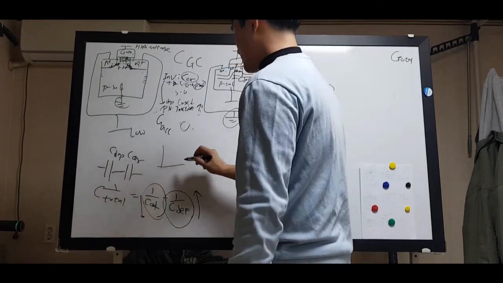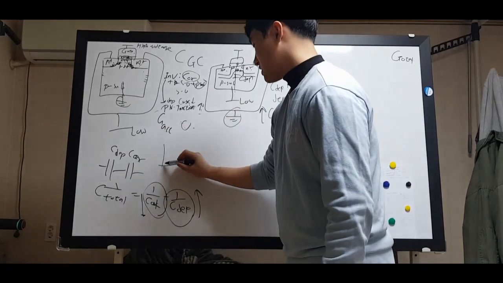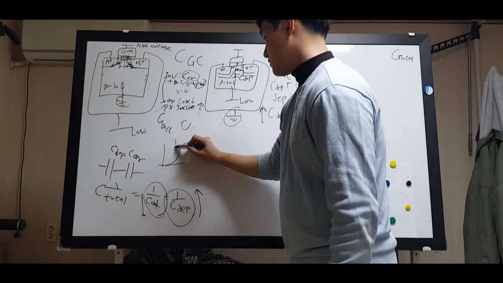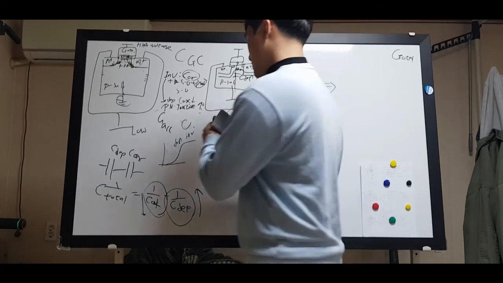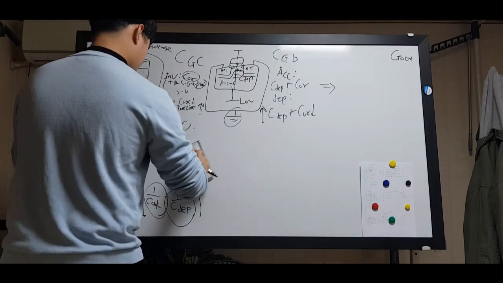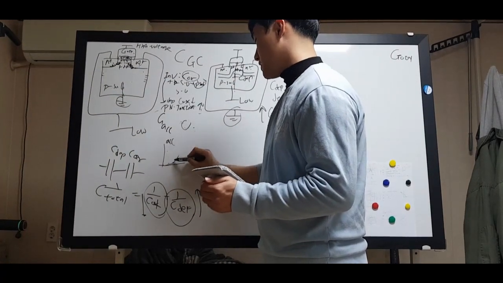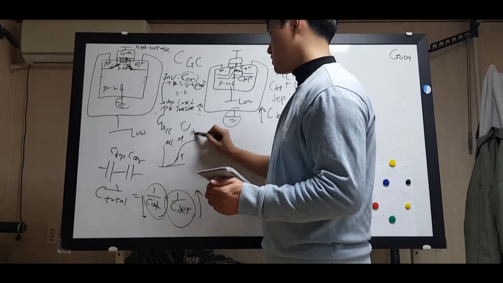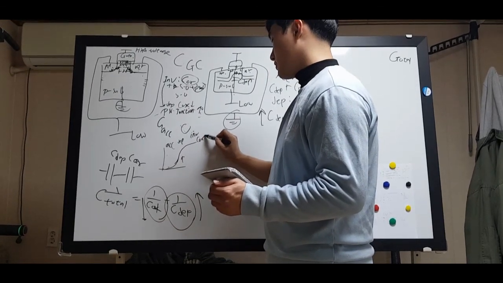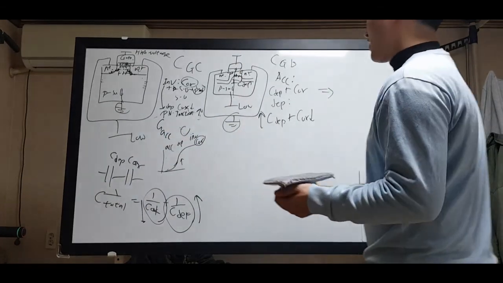Drawing the graph of the gate-to-channel capacitance, it will be like this. In accumulation, it will be nearly zero, in depletion, it will gradually go up, and in inversion, the value will approach the oxide capacitance.